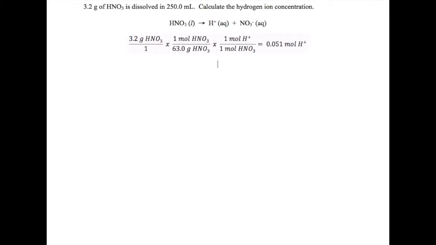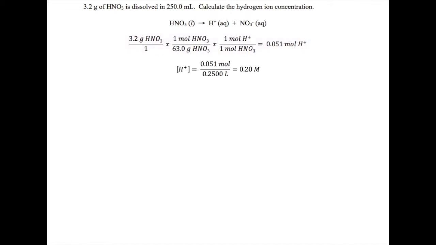We start off with the given number of grams of nitric acid. We use the molar mass, 63.0 grams of nitric acid, to convert to moles of nitric acid. Then we use the ratio of 1 mole of nitric acid to every 1 mole of hydrogen ions to determine that the hydrogen ion mole number is 0.051 moles.